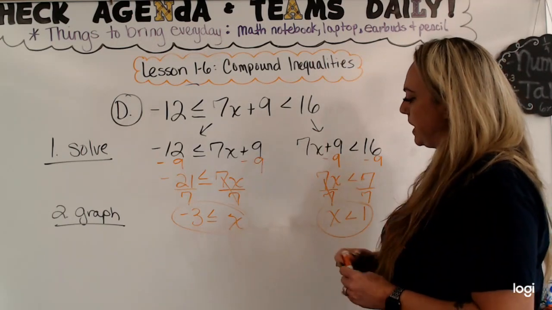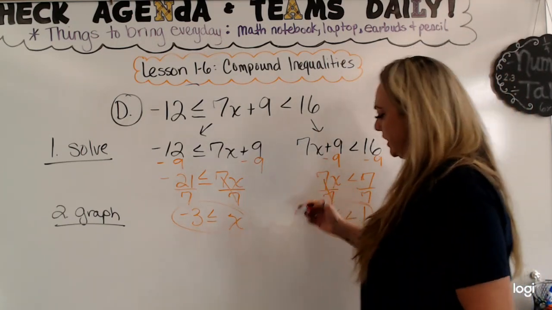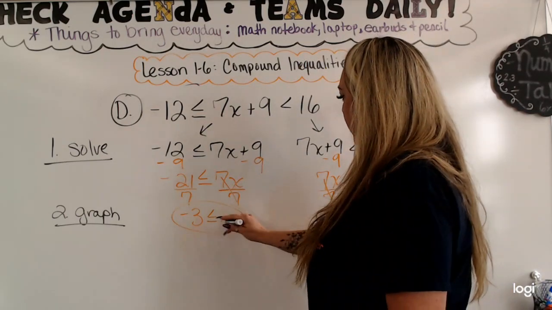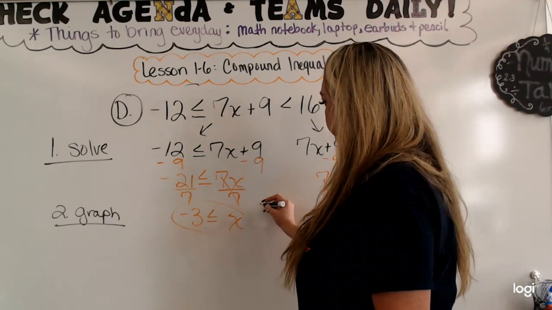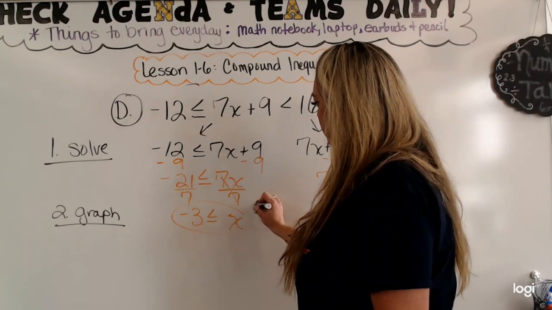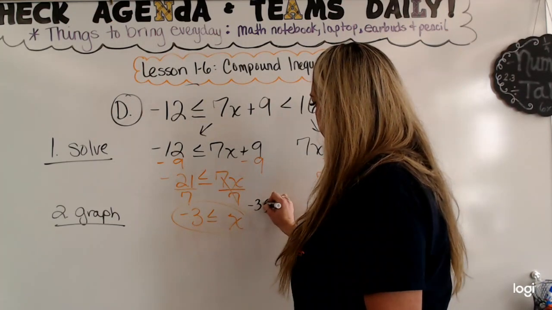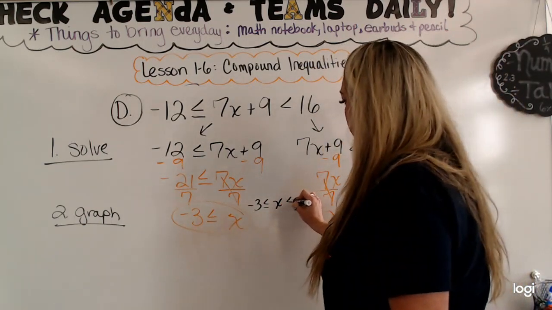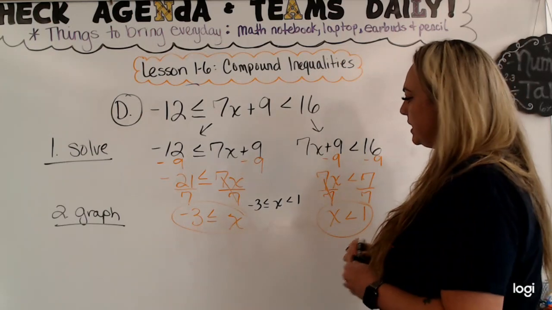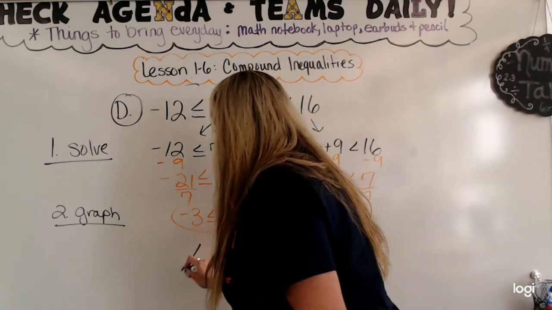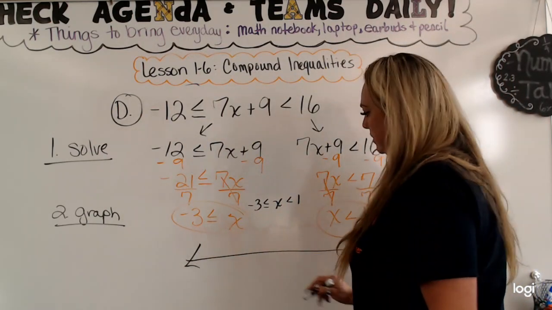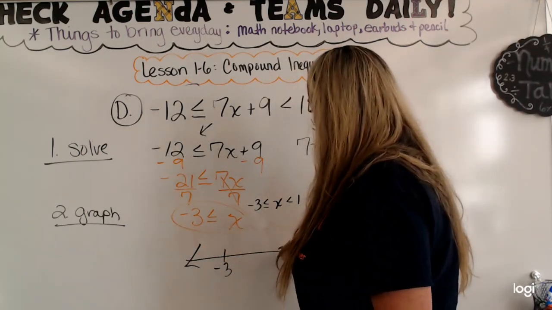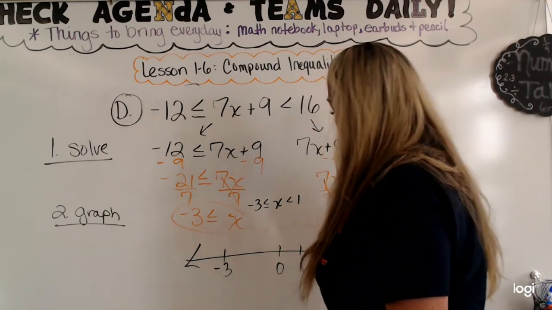Now, if we plug this back in, we're looking at the fact that we have negative 3. I'm just going to write this together. So negative 3 is less than or equal to x, which is less than 1. Okay, so we're going to see what kind of graph we have here. So negative 3 over here, 0 and 1.